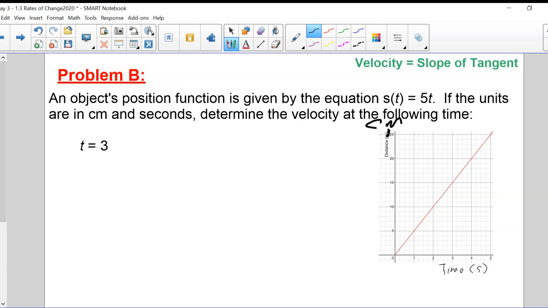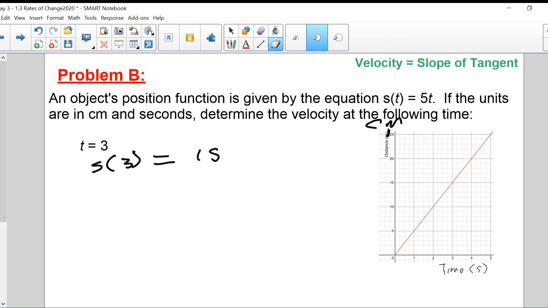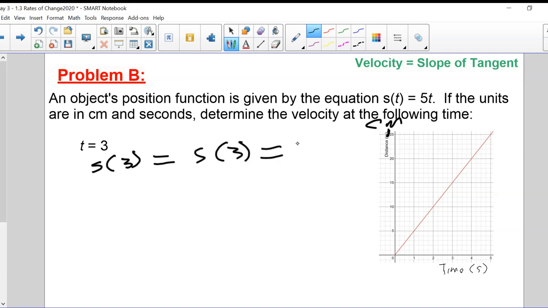We're going to do the same thing we've always done. We're first of all going to find the S of 3. S of 3 is 15. In fact, let me put it in long form. S of 3 would be 5 times 3, which is 15.